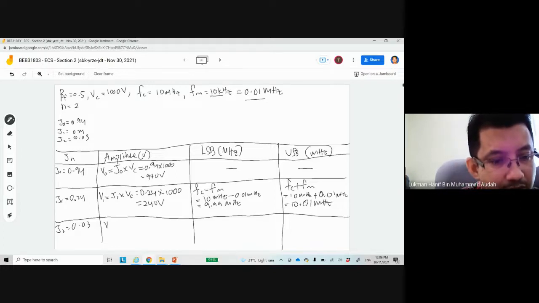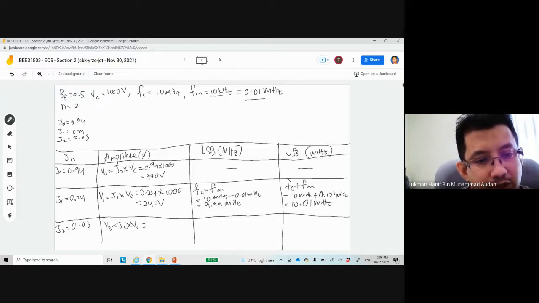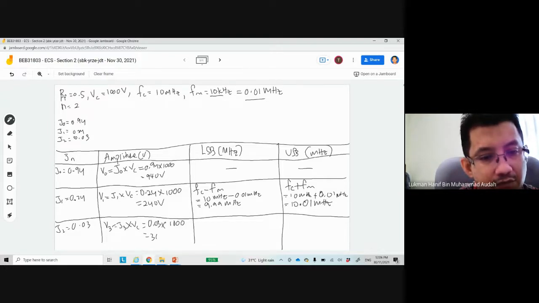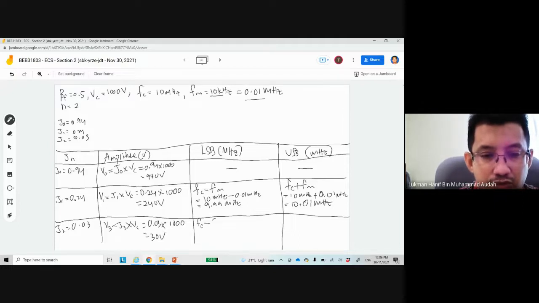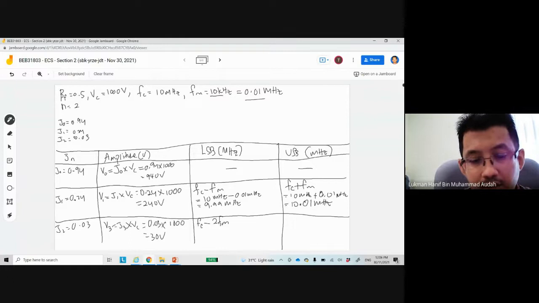Okay, so J2 is equal to 0.03 and we want to calculate the amplitude. The amplitude V2 is equal to J2 times VC, which is equal to 0.03 multiplied with 1000, so you get 30 volt. And then here is FC minus 2 FM, because this is the second sideband. Ini untuk lower sideband.